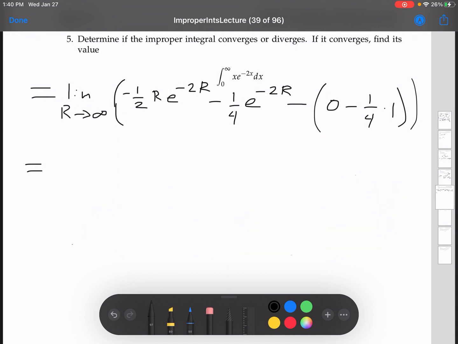Now we can split the limit over each of the expressions and pop out the constants.